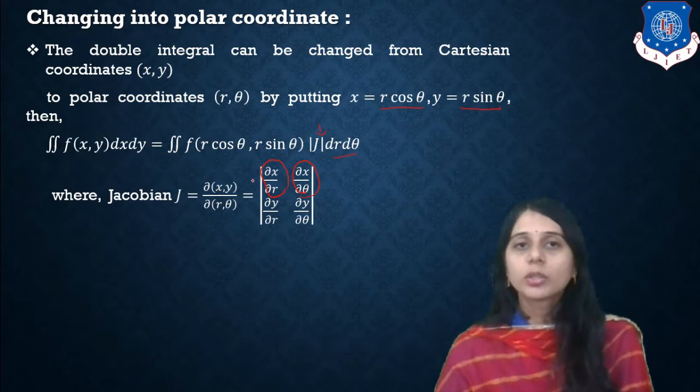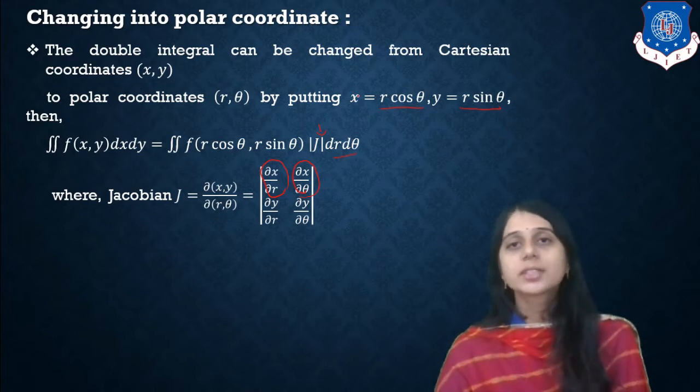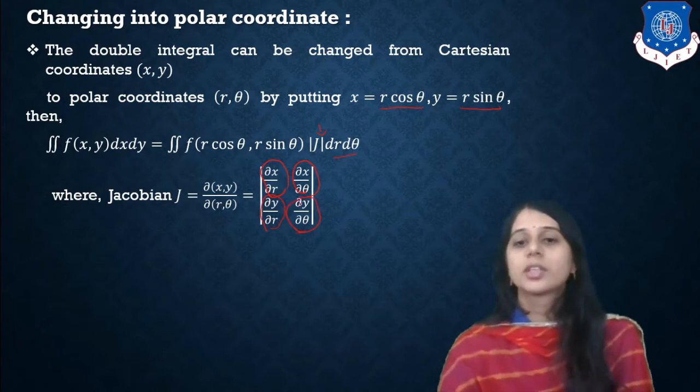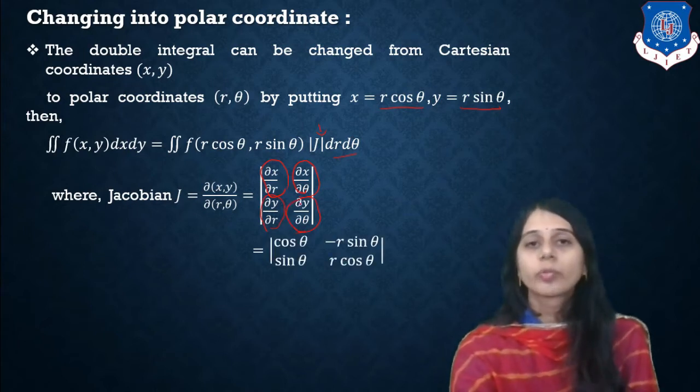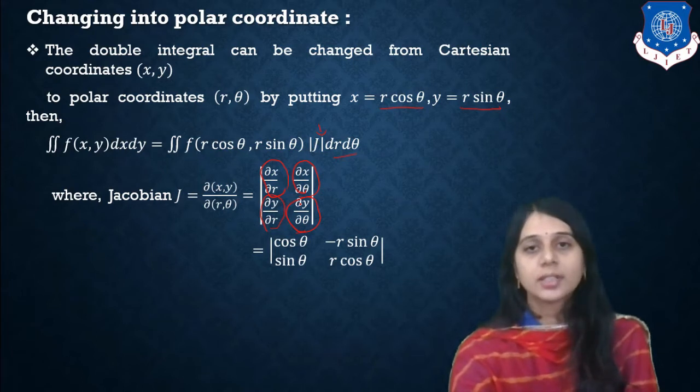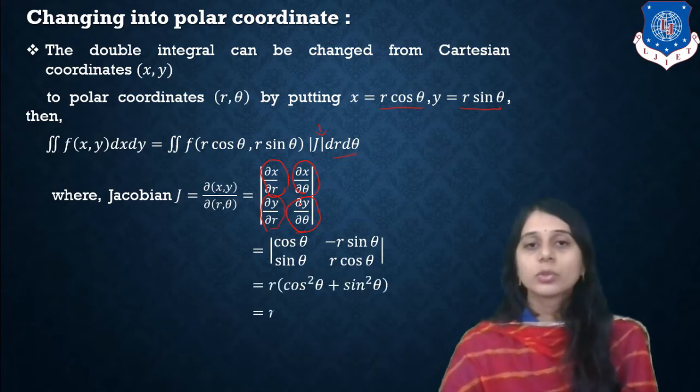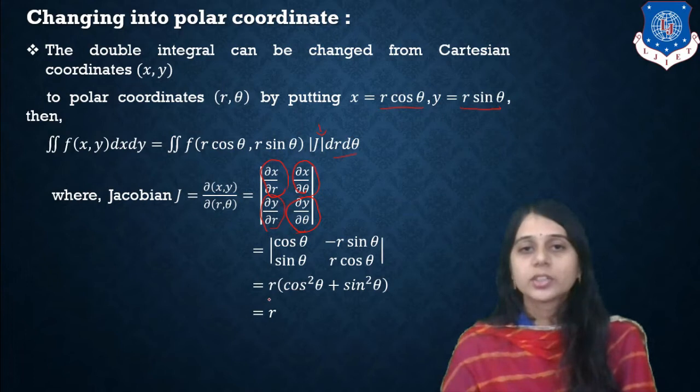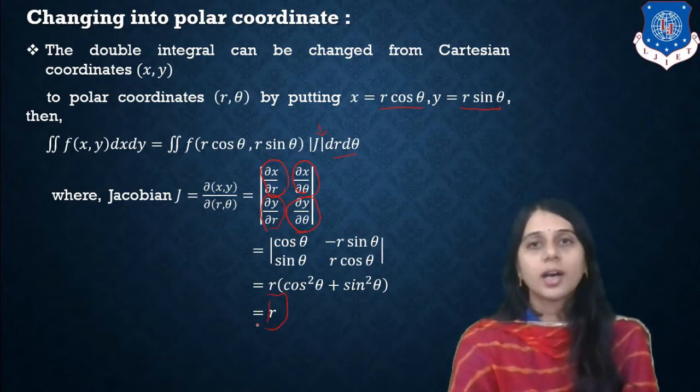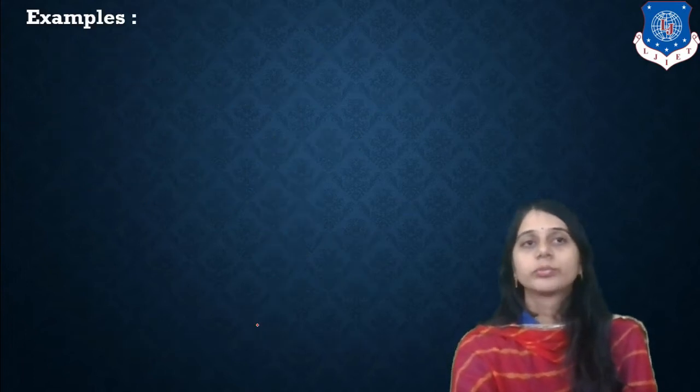Similarly, if we are dealing with polar coordinates and we have to convert x into r and theta, we use mode of J dr d theta. So it is del y by del r and del y by del theta, which gives cos theta, minus r sin theta, r cos theta. So every time we get the Jacobian as r dr d theta.